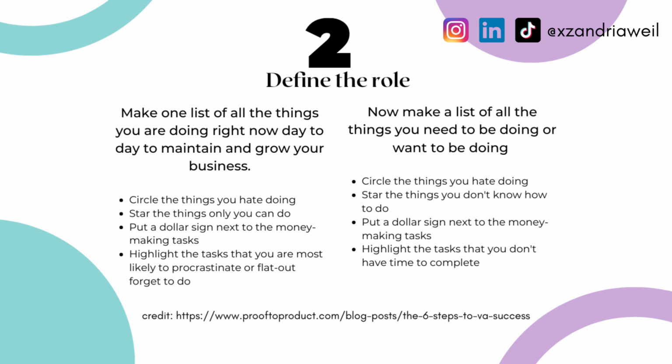And the second list that you are going to be making is the things that you truly love doing and things that you need to be doing. When you make this list of the things that you need to be doing, also include the things that you don't know how to do but you know are crucial to your business to have. For example, if you're not good at making social media graphics, maybe that's something that you need to add to the list that you need to be outsourcing or that you want to have included in your business.